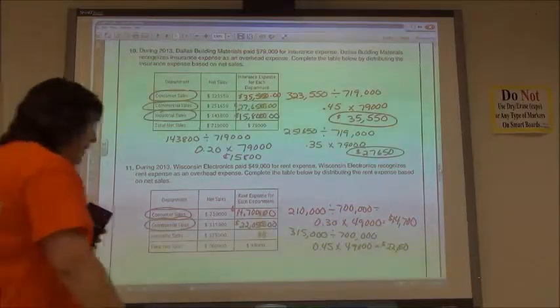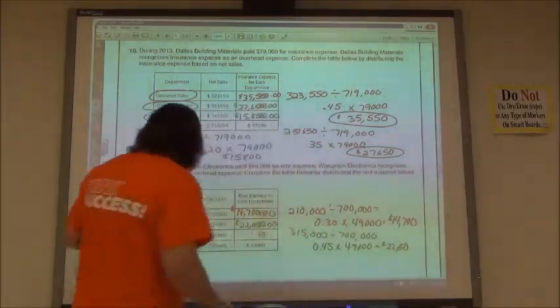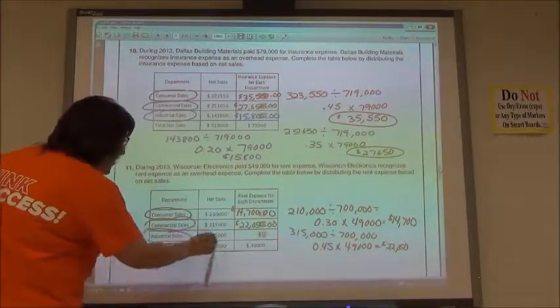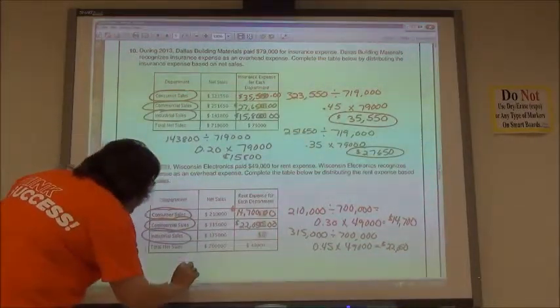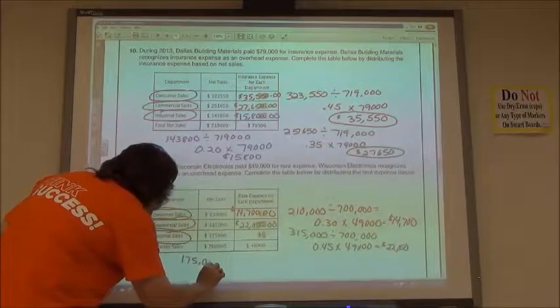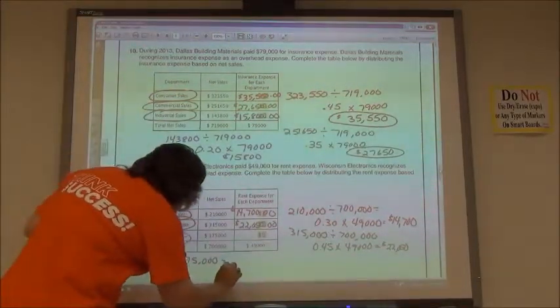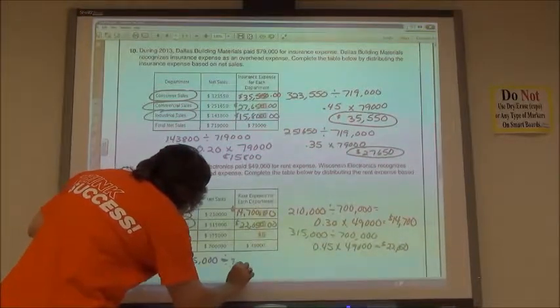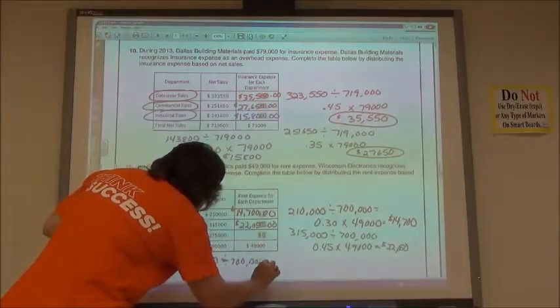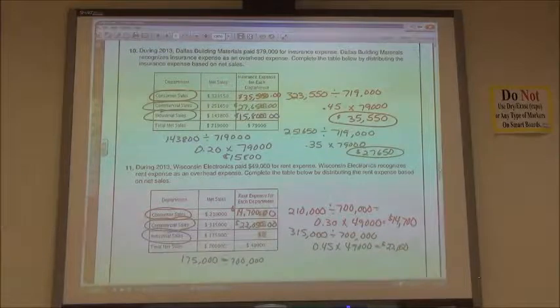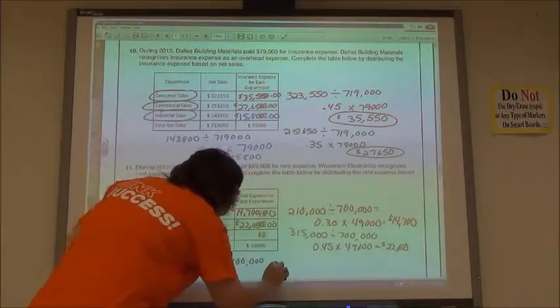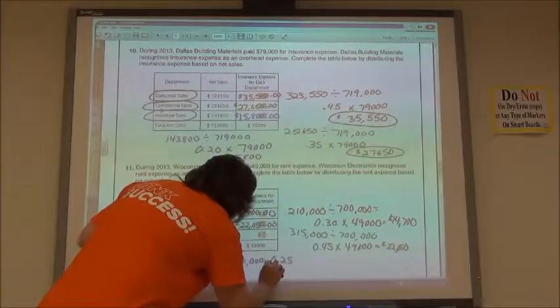And then we'll have our industrial sales. So again, finding the percent of our total sales, we had $175,000 in industrial sales. We're going to divide that by the total sales of 700,000. So 175,000 divided by 700,000 gives me 25%, 0.25.